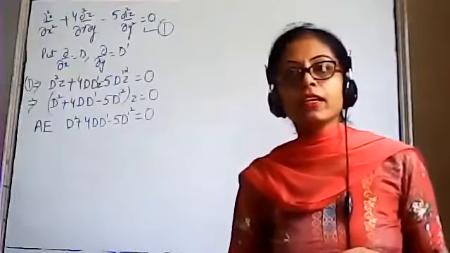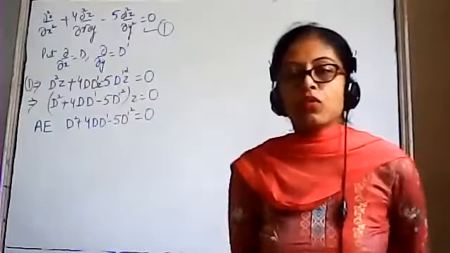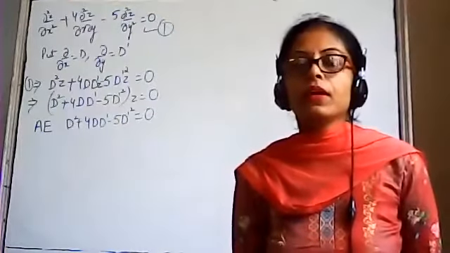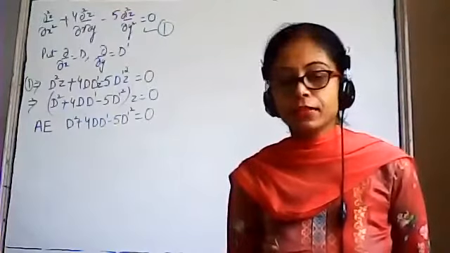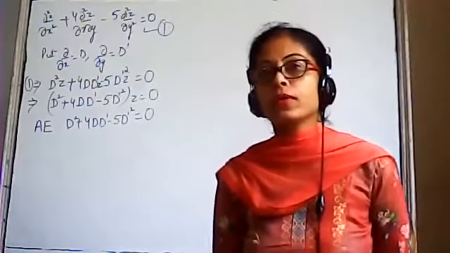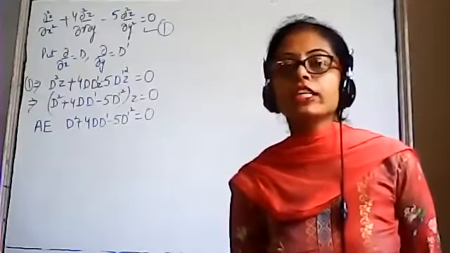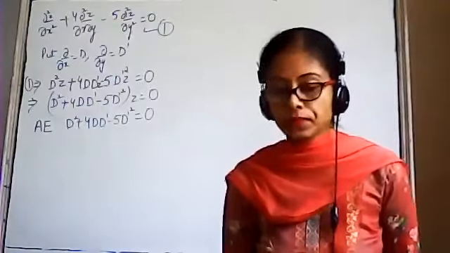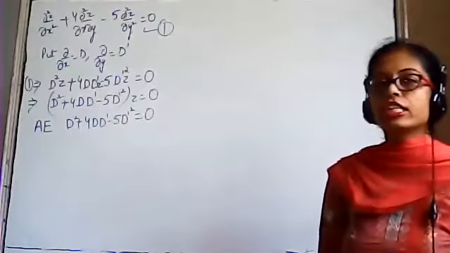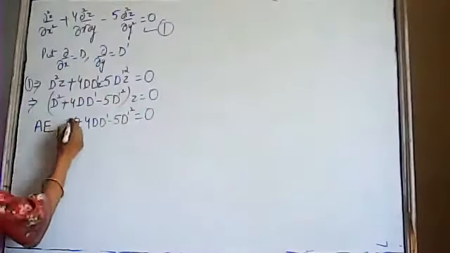I am again repeating, when we equate the coefficient of z to 0, the equation so obtained is known as the auxiliary equation.